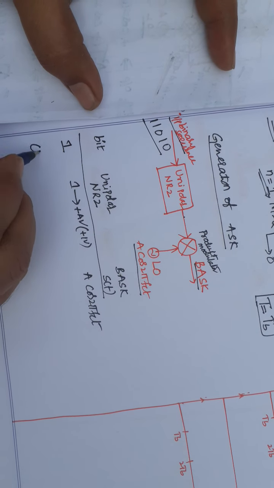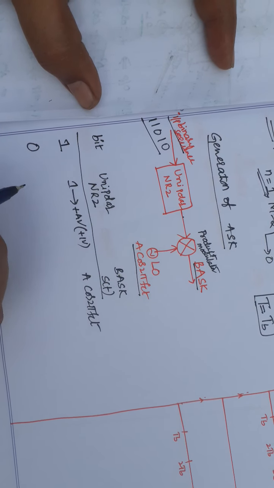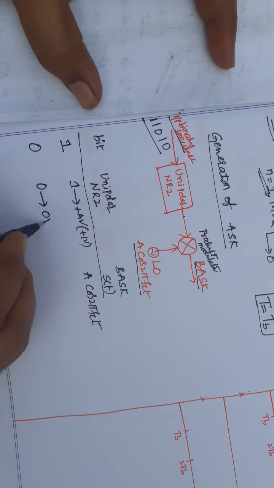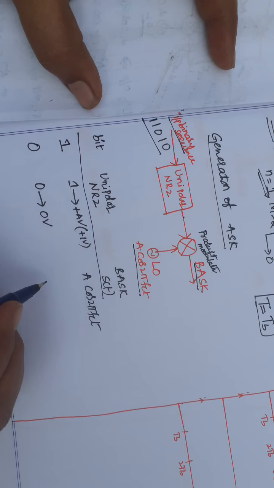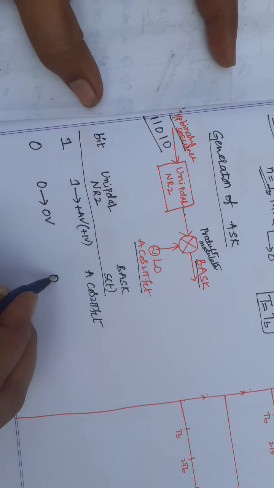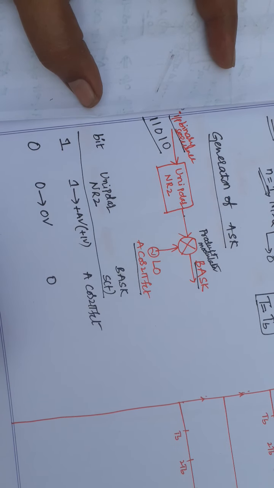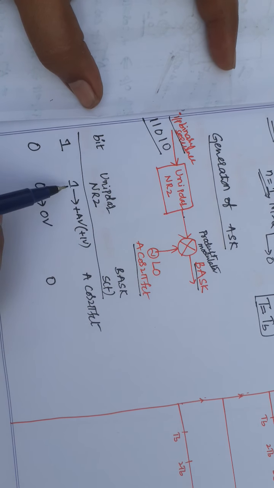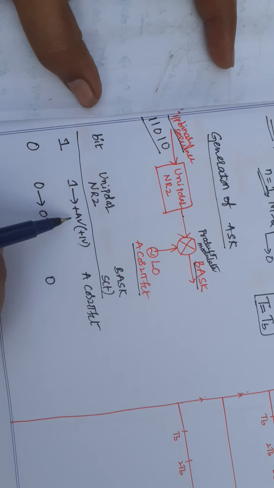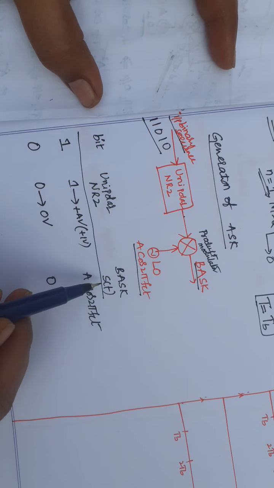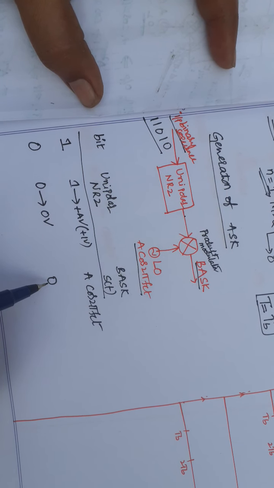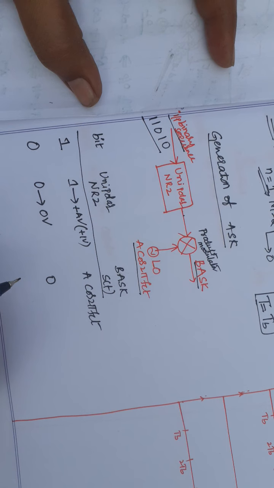For bit 0, 0 is mapped to 0 volts, so S of t is 0. So for bit 1 the ASK modulated signal is A cos 2 pi fc t, and for bit 0, S of t is equal to 0, right?